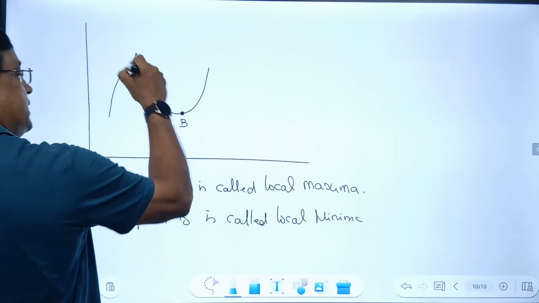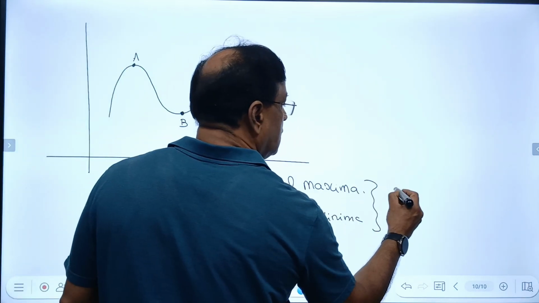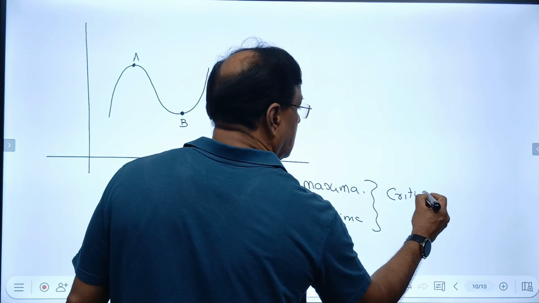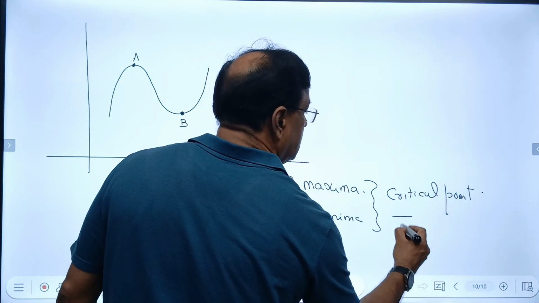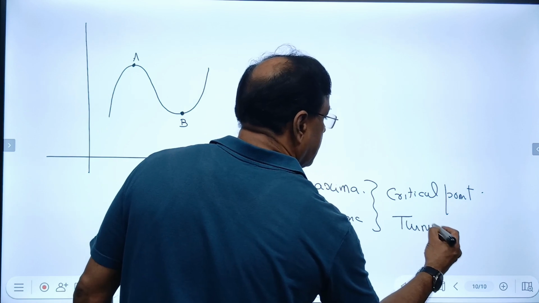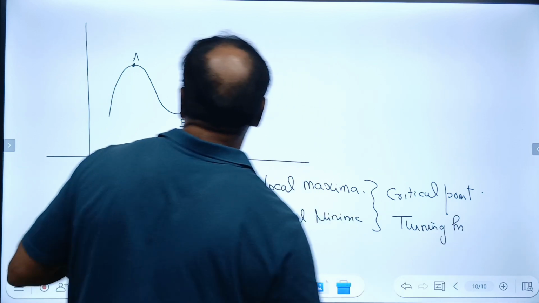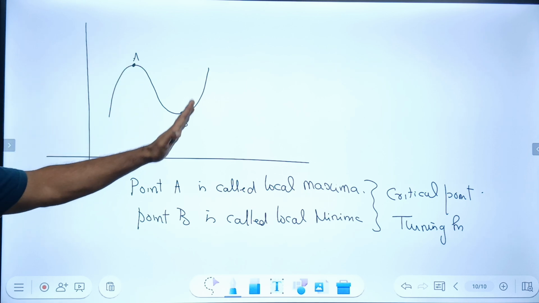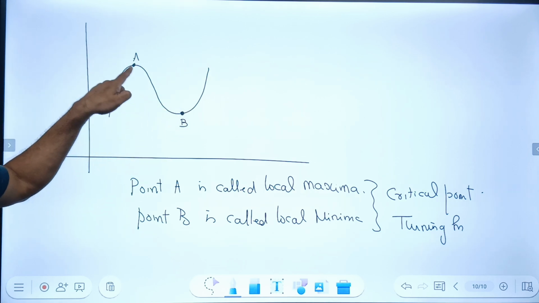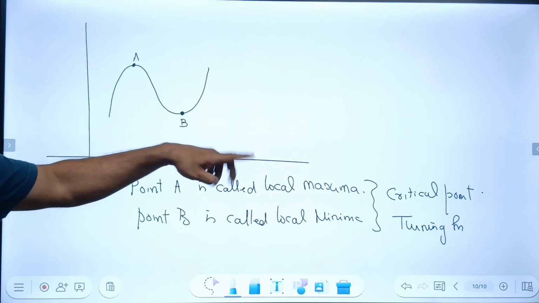These points A and B are also called critical points. Otherwise, you can call them turning points. That is where the curve takes a turn from positive to negative or from negative to positive. So these points are called the critical points, otherwise called the turning points.